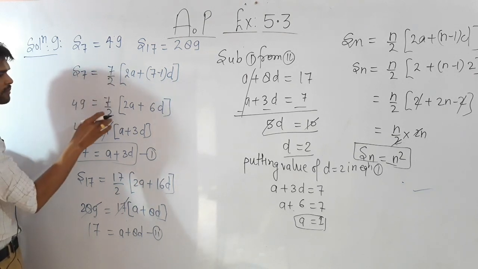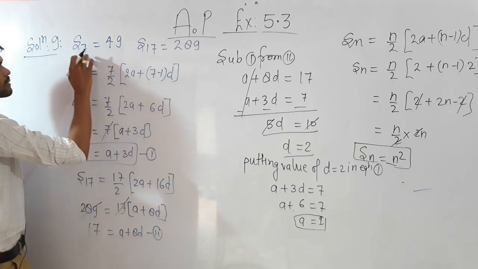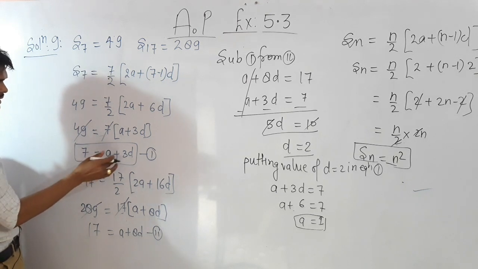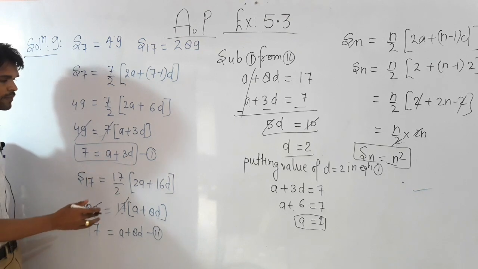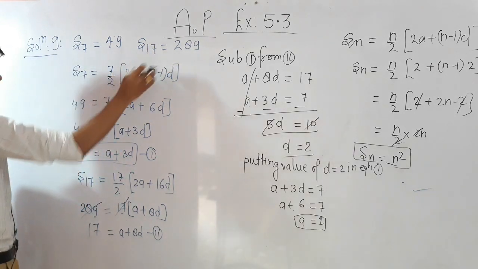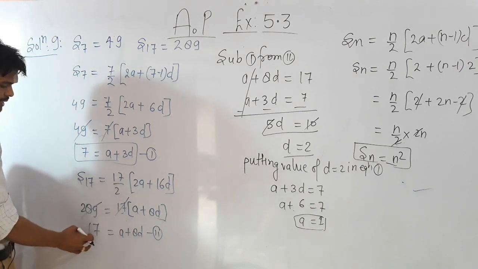So it becomes 7 by 2 into (2a plus 6d), and the sum of the first 7 terms is 49. We solved it and obtained a plus 3d is equal to 7. Again using S17, the sum of the first 17 terms of the given series, we obtained a plus 8d is equal to 17.